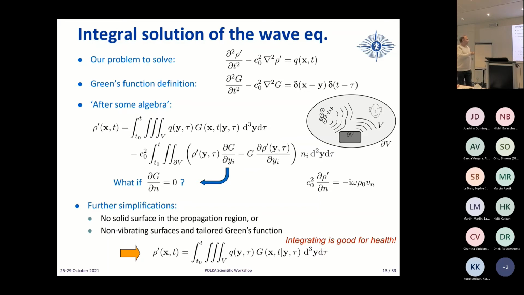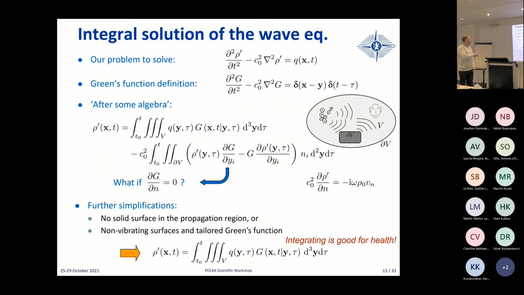And even when you include rho prime, it will be 1 over r, so this is 1 over r cubed. And even if you go to infinity, the surface goes as r squared. So the net result is something that decays as 1 over the distance. So if you bring this control surface to infinity, all the terms that you have in here decay to 0 automatically. Okay, so that's the easy case.